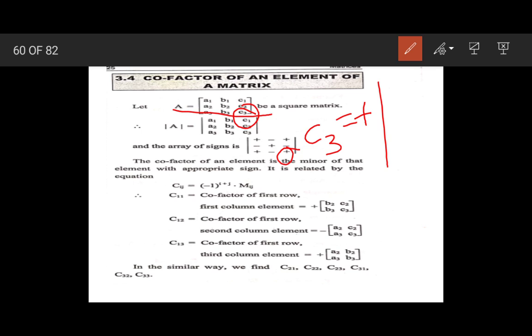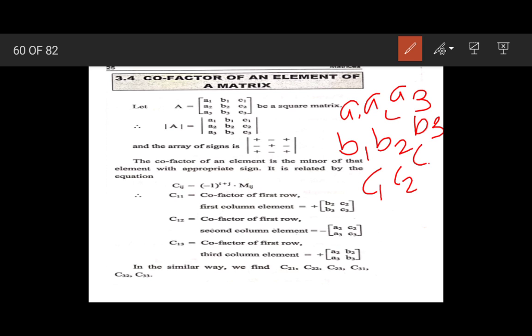The position of C3 is third row, third column. After deleting third row, third column, the remaining elements are A1, A2, B1, B2. So find the determinant of these elements. Okay, now this is the concept of cofactor.